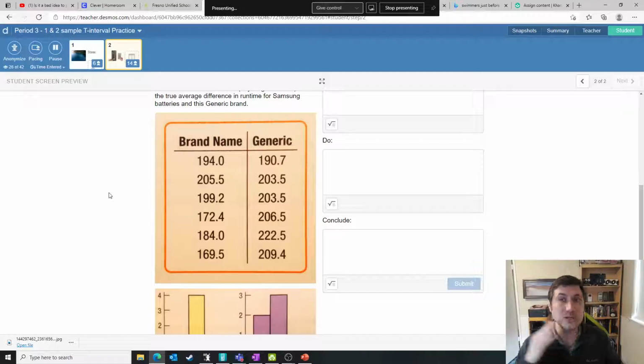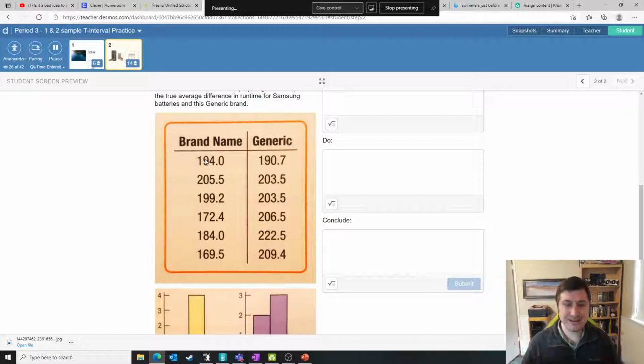Okay? We don't have pairs in this scenario. We have the brand name Samsung and the generic ones. There's no pairing these batteries together at all. And each battery is not doing two tests or anything like that.